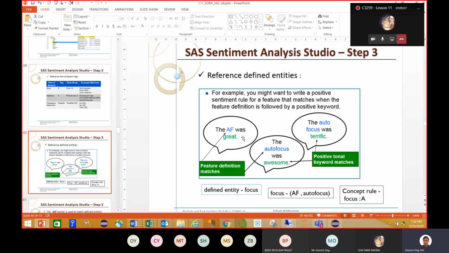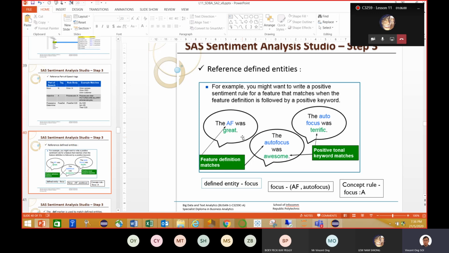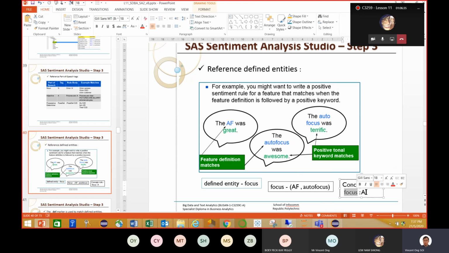Now, it also gives us a way to reference and define entities. Let's look at this example. Here we have a sentence like "the AF is great, the autofocus is awesome." We have feedback like this. But actually, this AF and autofocus are defined as an entity. So the concept rule we should write is focus A. So what is focus?